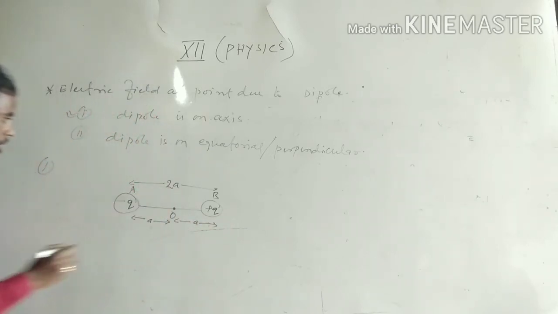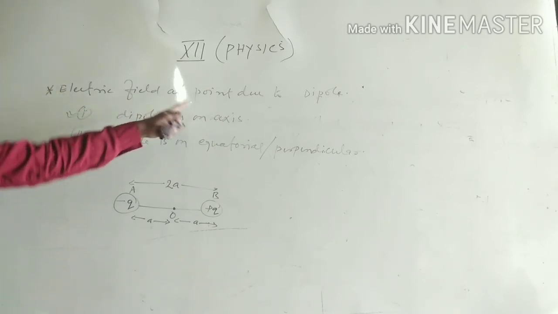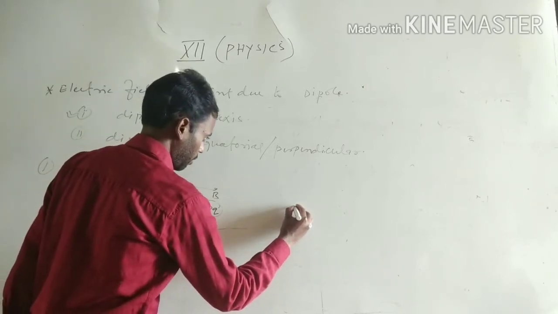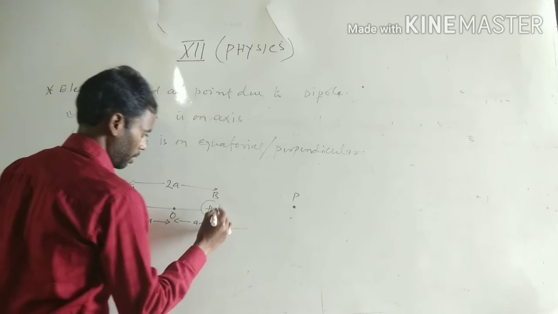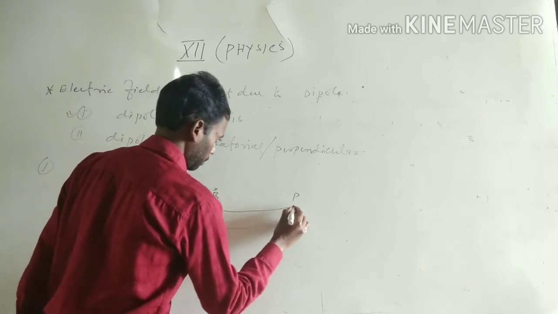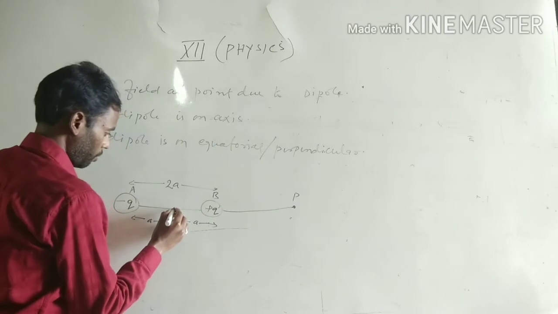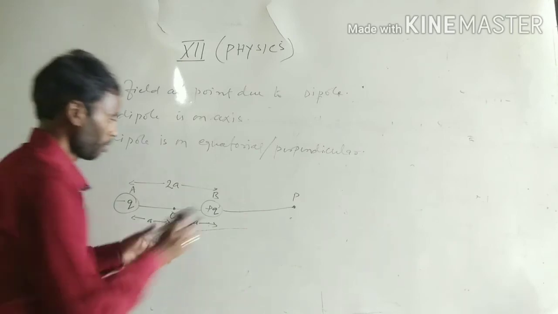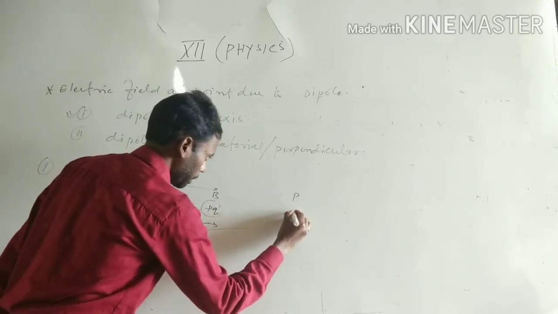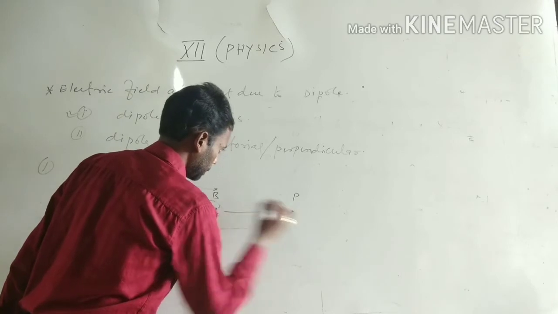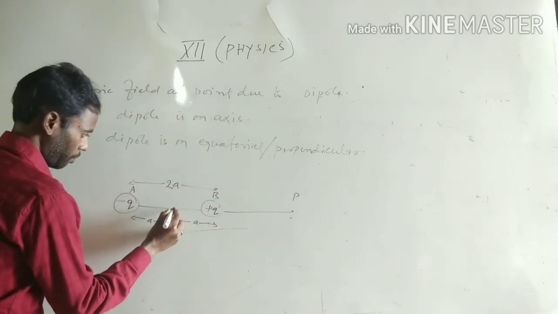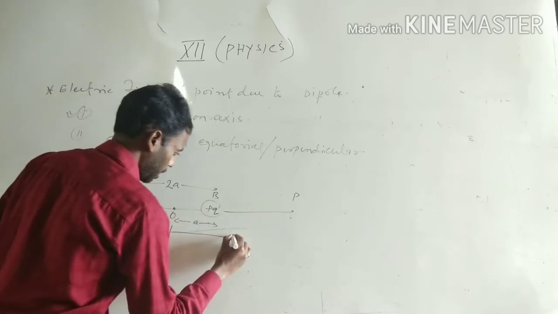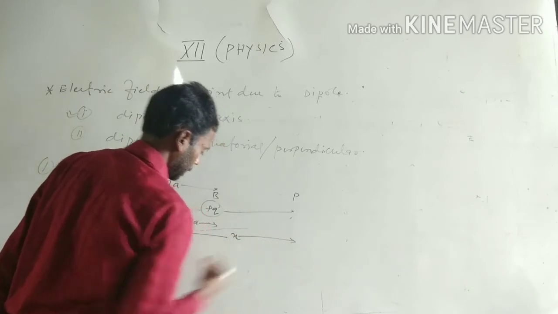Right? And we have to find the electric field at a point due to the dipole. That means here we have to find the electric field at a point P. Suppose the distance from the center of the dipole O to P is x.